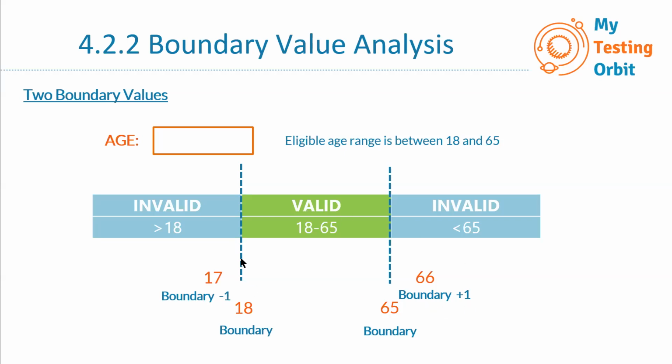In this case, it will be 17 and 66. So we are taking two boundary values on each side, 17 and 18 over here, and 65 and 66 over here.